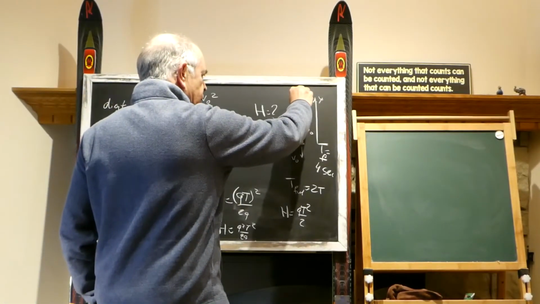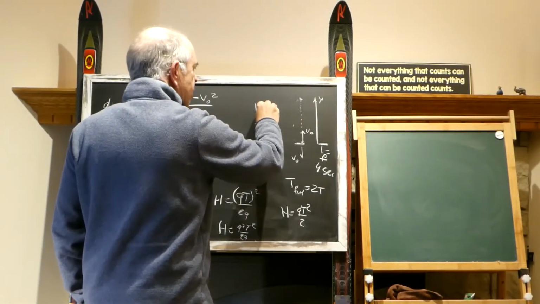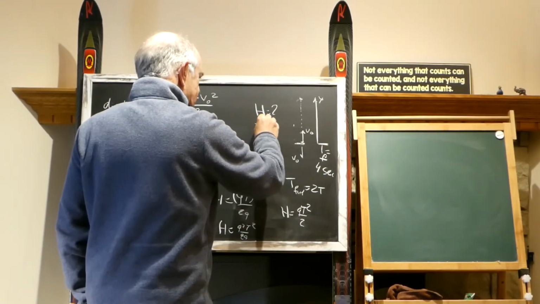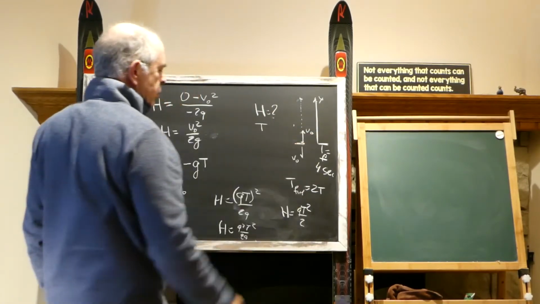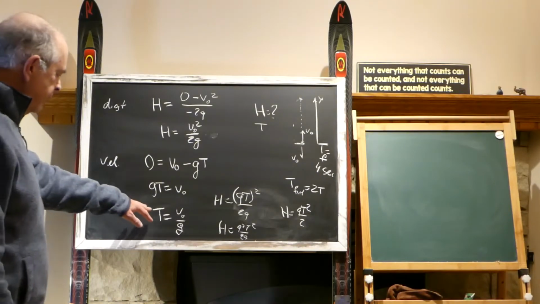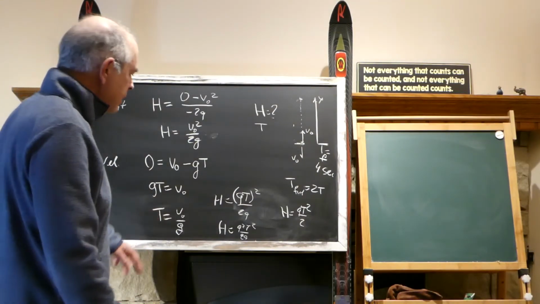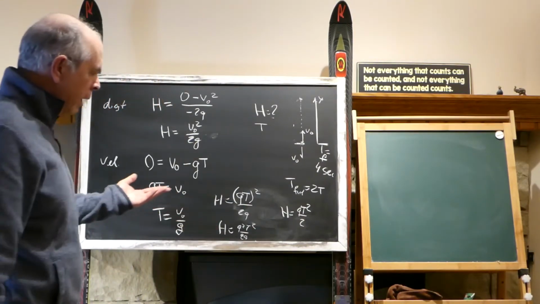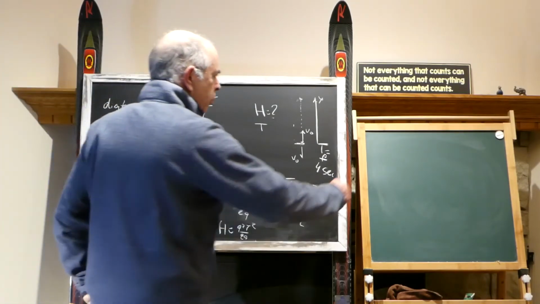The body falls from here, covers the same distance h in the same time t, and comes to the bottom. So if they tell us t is 2 seconds, then we know h from this formula.